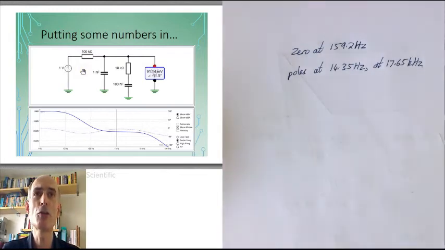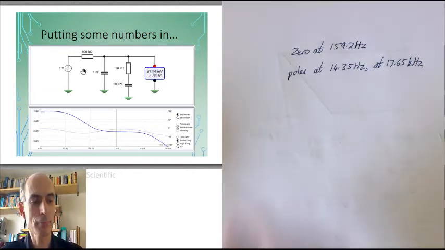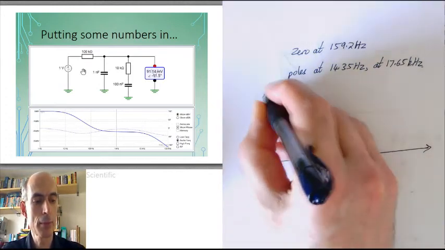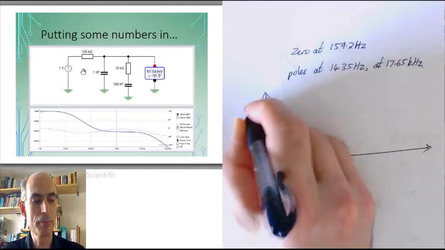So we can tell just by looking at this circuit that at very low frequencies, the amplitude response is just going to be 1 or 0 dBs. So we can start our Bode approximation plot at 0 dBs.